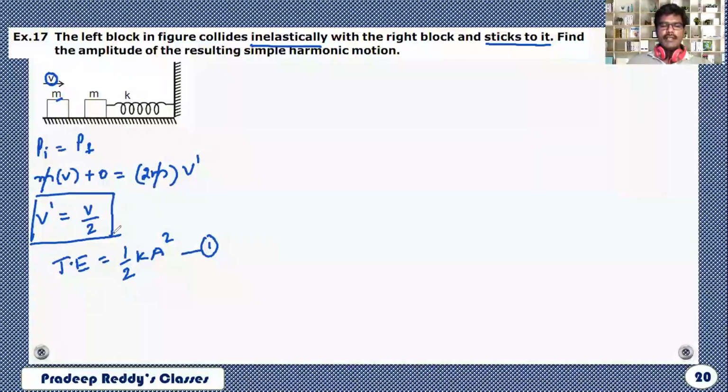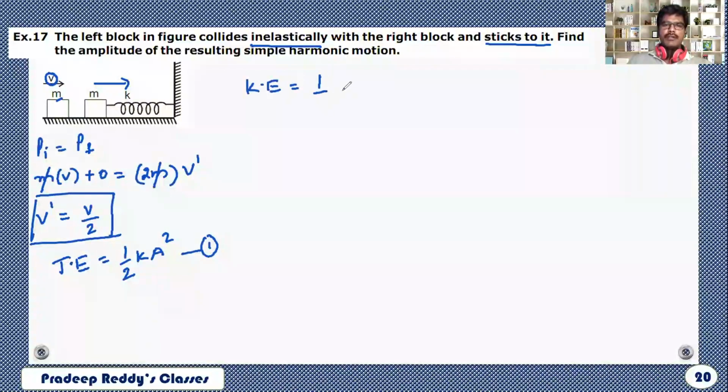Now, why do they have such total energy? Because mass m is hitting the second mass, and as a result both masses stick together and move to the right side. The only energy they have is kinetic energy.